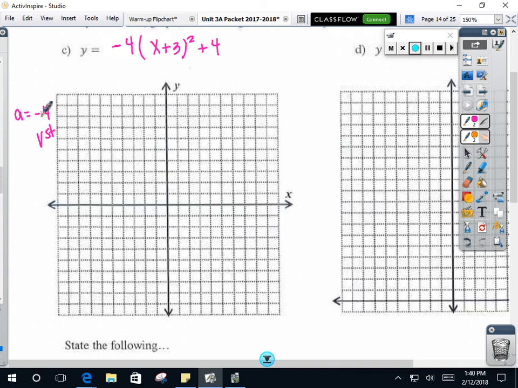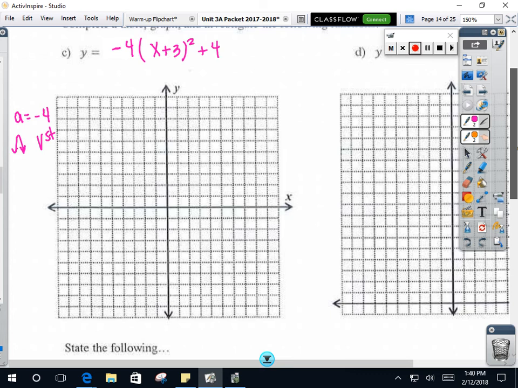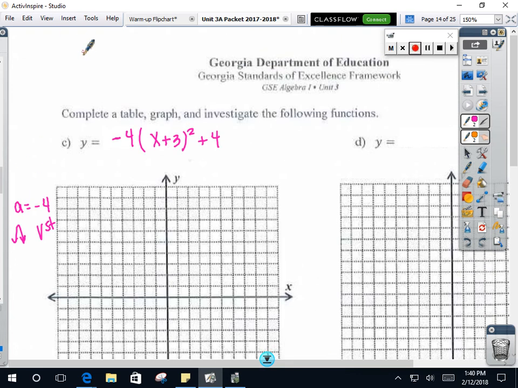And then, okay, you have to think of them as separate things. So the negative makes it go down. The 4 being greater than 1 causes a vertical stretch. I don't know if y'all remembered back in the notes, but if the absolute value of your A was greater than 1, then it will be a vertical stretch.